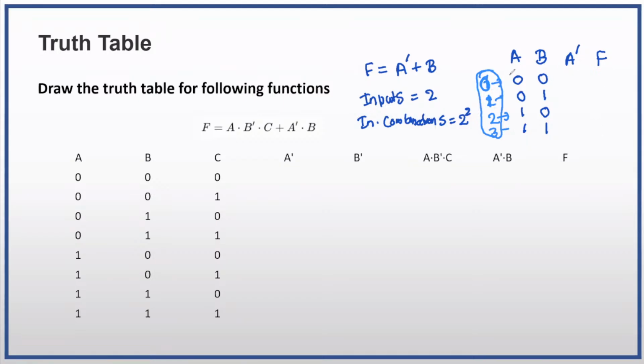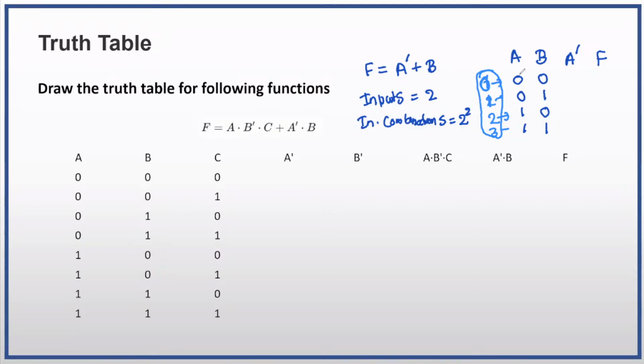Also, these combinations should be in the right order. You can have an intermediate step, or you can write the output directly. But I will do it with the intermediate steps, because then you can ensure you have done it without any errors.